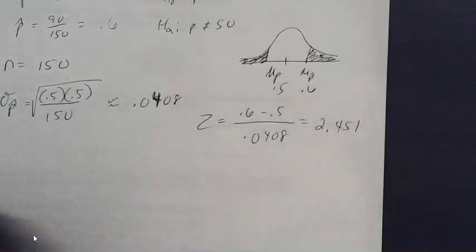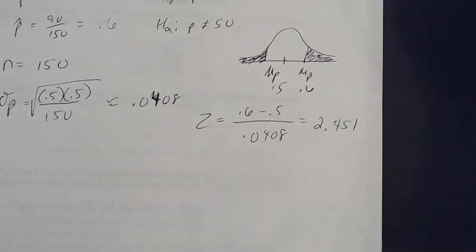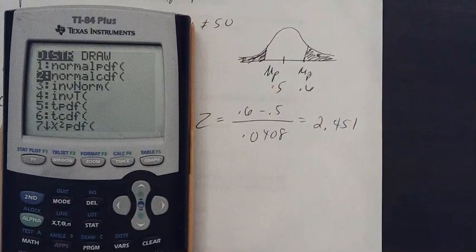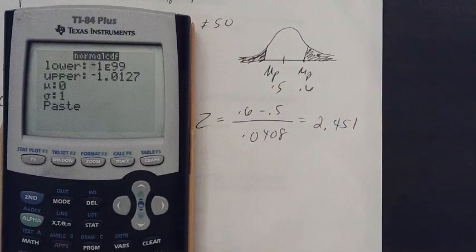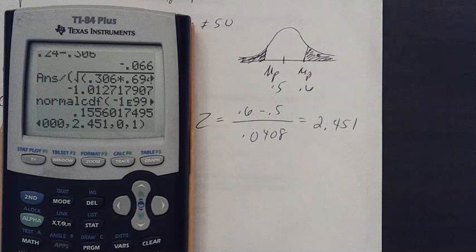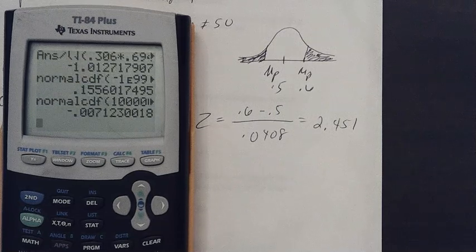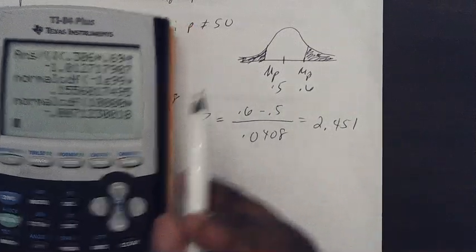So if I actually use my calculator to find the area, I go to normal CDF, and now my upper bound is going to be something large. My lower bound is going to be 2.451, and the upper area is about 0.007.